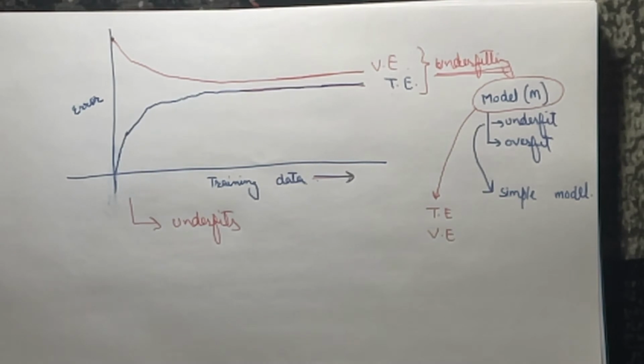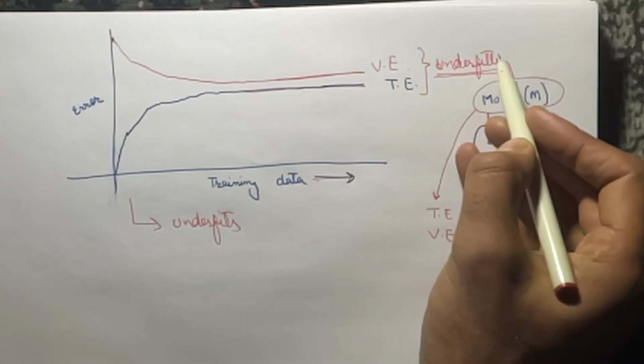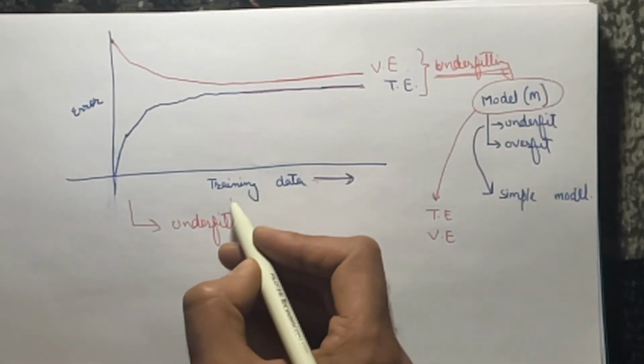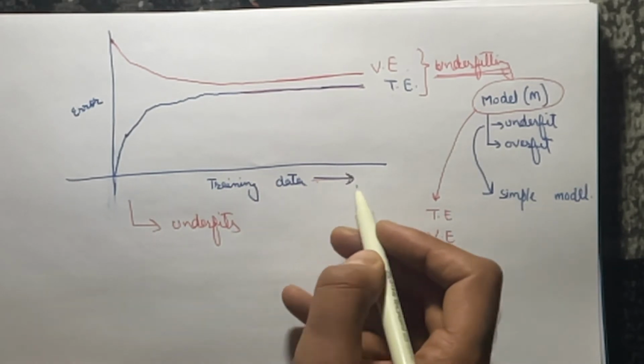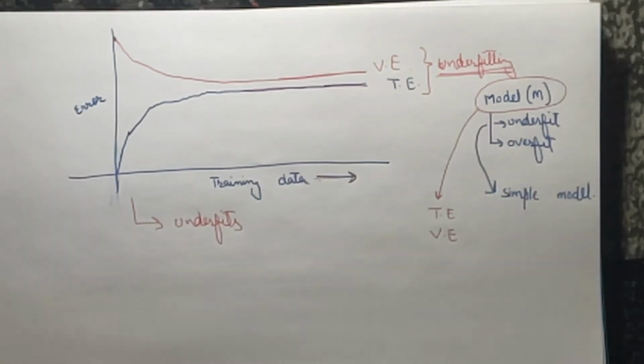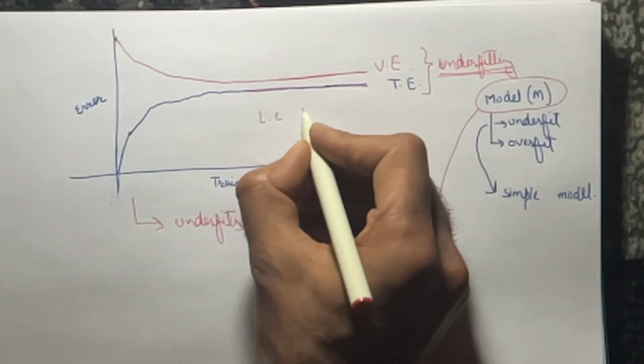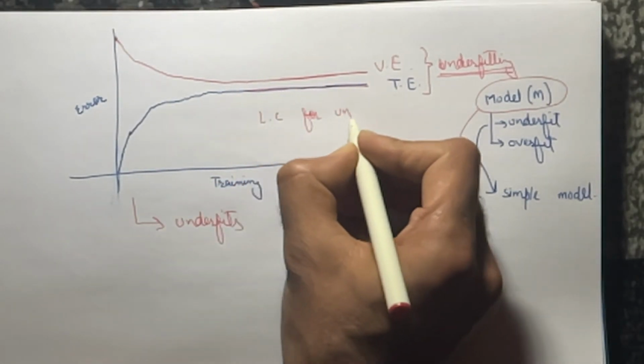That means by increasing the data, you won't be able to learn more. Usually in machine learning we say that more data means we capture more information, but if the assumptions we made are not correct, then even after increasing the training data, we won't get more information. So this is the learning curve for a model that underfits.